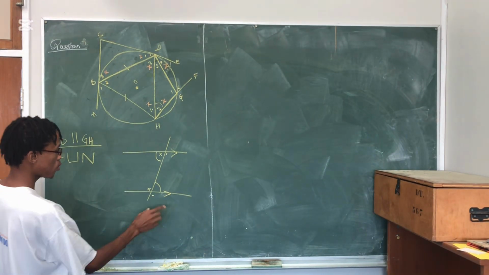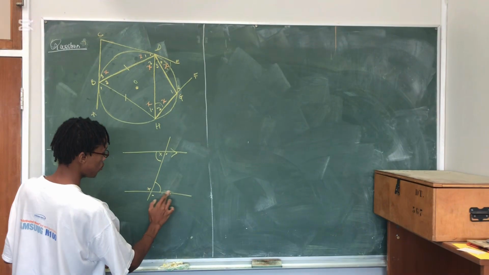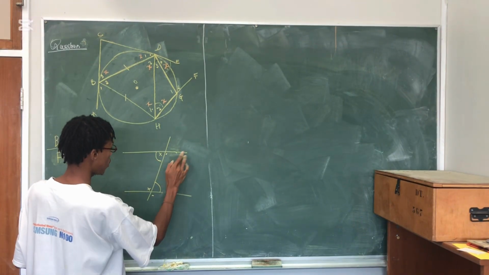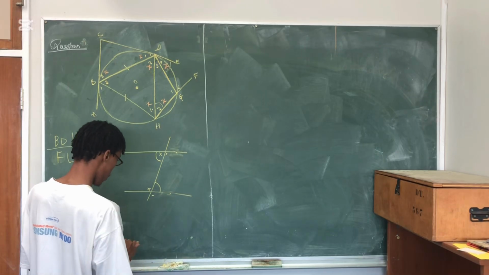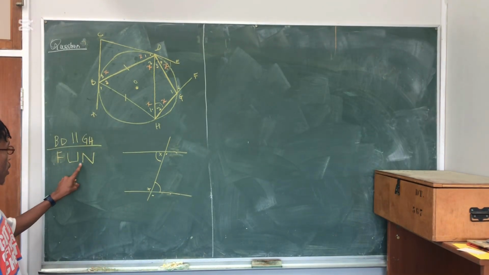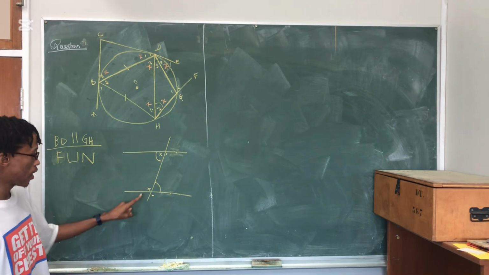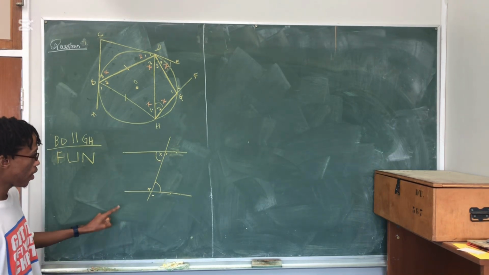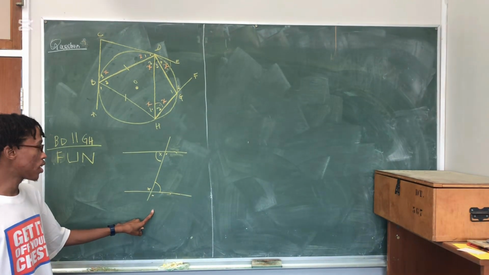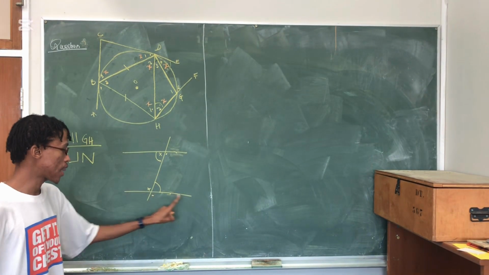So if we have two lines which we didn't know are parallel and are intersected by the same line, and we find that either one of these three is correct, the alternating, the co-interior, or the corresponding angle is true, then we can say these lines are therefore parallel.